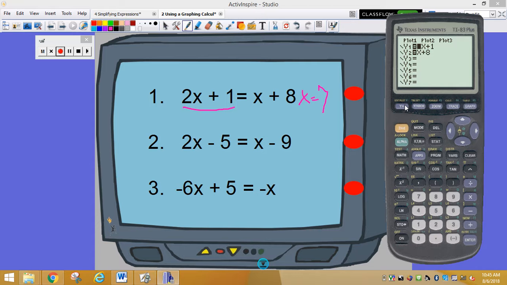Go to y equals. Clear out everything that's there. Let's type in the left side. 2x minus 5. Let's go down. Let's type in the right side. X minus 9. Let's hit graph.